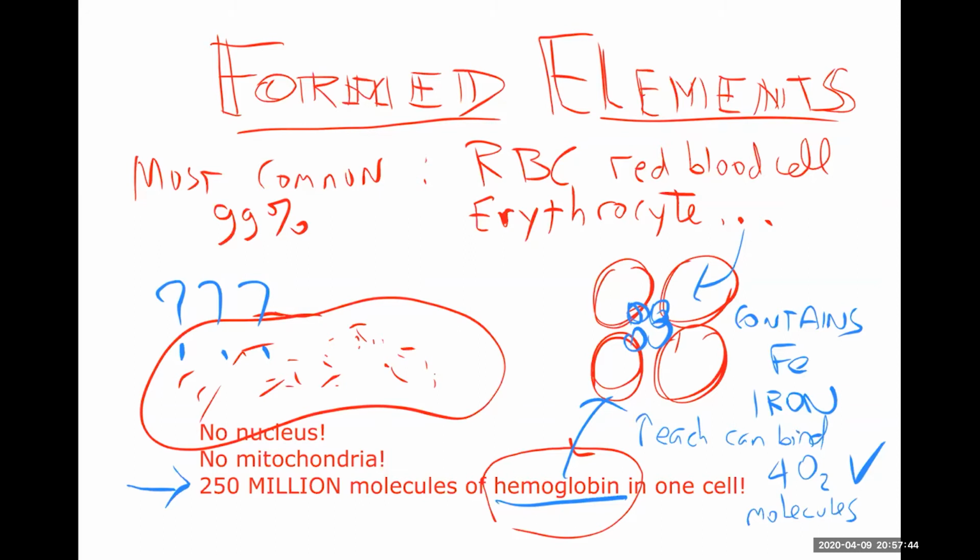Yeah, like Dr. Evil, 1 billion oxygen molecules. So you've got an amazing ability to carry oxygen around. That's their job. Their job is picking up oxygen in the lungs and delivering it in the tissues. So the red blood cells do that.